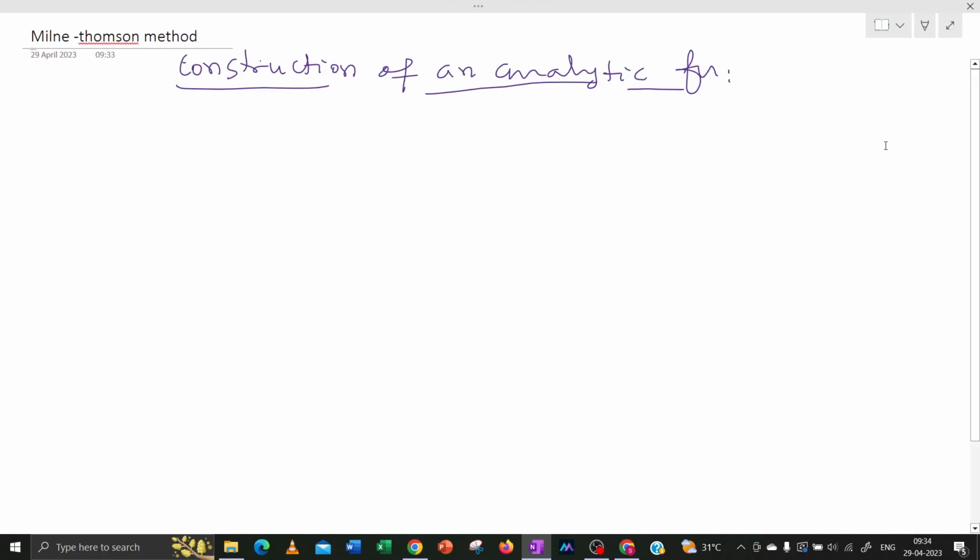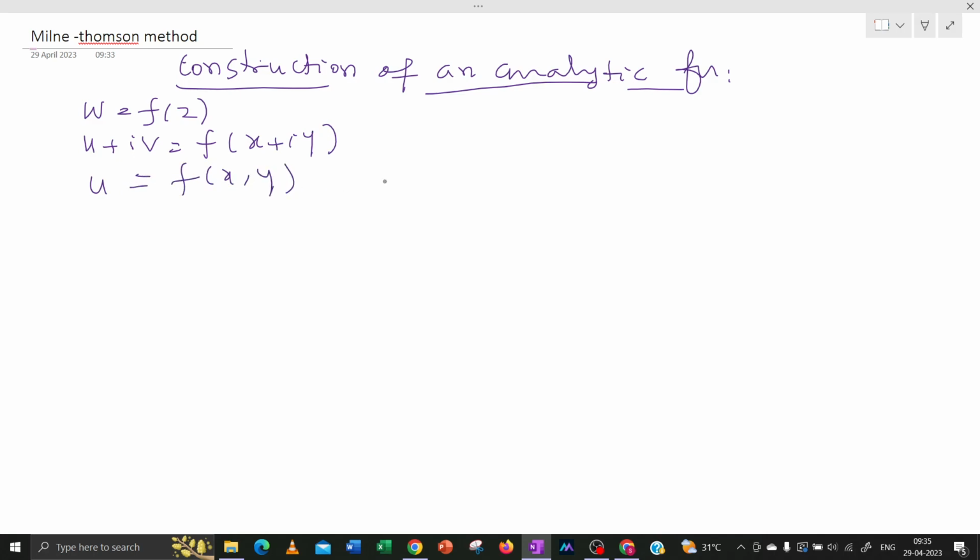What is meant by construction of an analytic function? What is an analytic function first? Analytic function means w equal to f of z. w is the function of z, where w can be expressed as u plus iv. Then f of z can be expressed as u plus iv, where u is the function of x comma y and v is the function of x comma y.